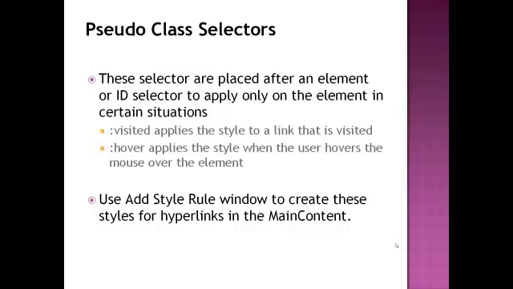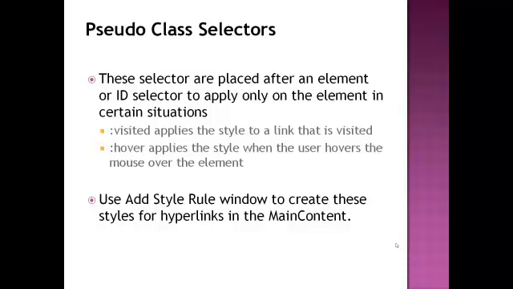And for example, if you want to change the color of the link after it's visited, or basically when the user clicked on it once, you create this complex style that I will show you in a short while.